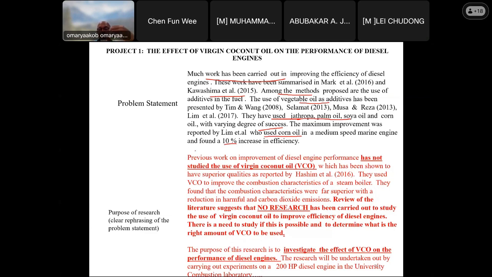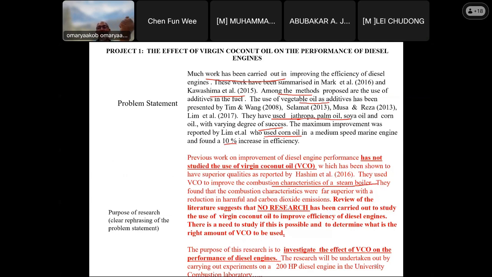This author wants to use virgin coconut oil, but it's not something out of the blue, you know. You cannot just suddenly think, yeah, I think I want to try virgin coconut. You must have an idea from another literature. So there is a literature here which talks about virgin coconut oil in a steam boiler, and they found that combustion is good.